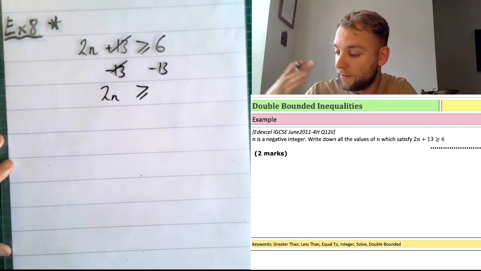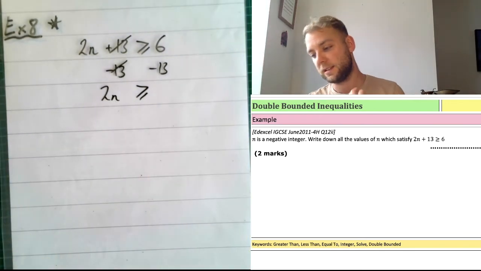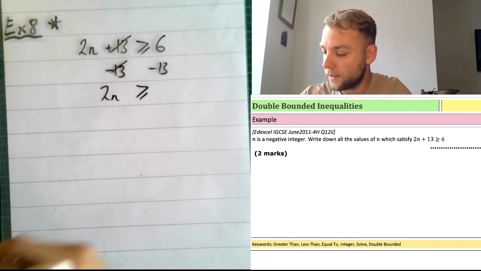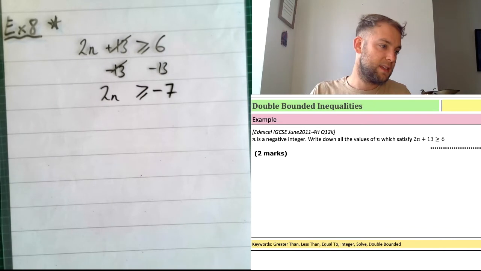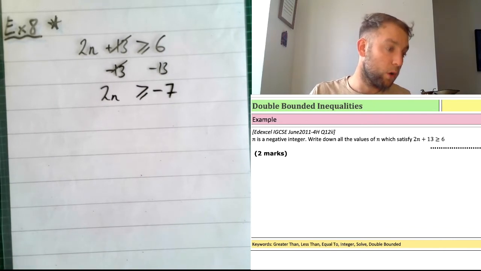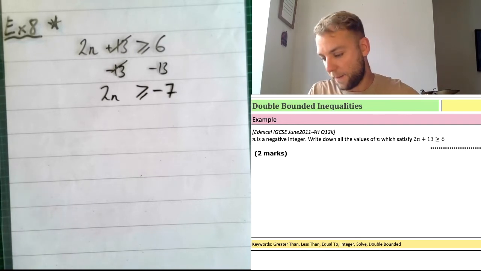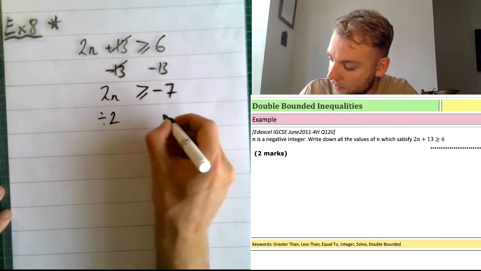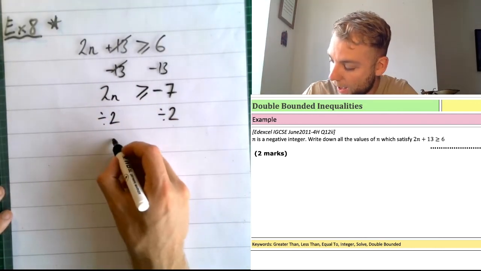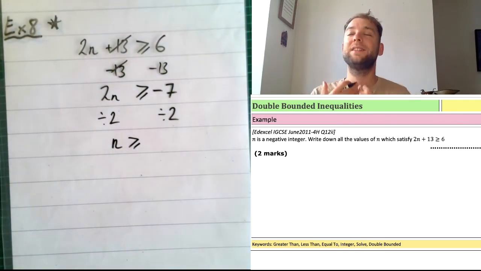If I subtract 13 from the right-hand side, 6 take away 13 is negative 7. This was on the calculator paper, so we could have used a calculator for that one. So 6 subtract 13 is negative 7. Yeah, good. The next stage is we need to divide by 2.